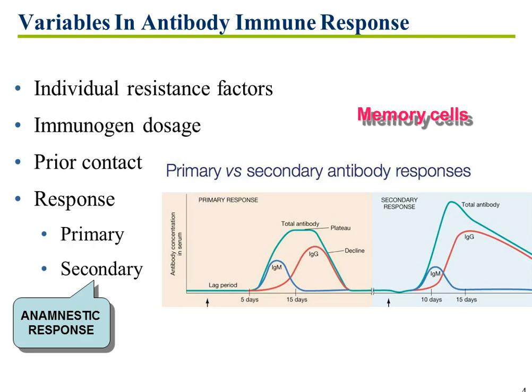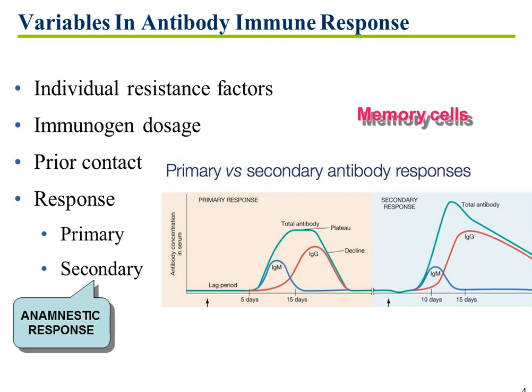Or if you have had exposure to the antigen before. Maybe you've been vaccinated a couple of times with hepatitis B vaccine. You know, there are 3 doses that you're supposed to get. More exposure, stronger the response. The larger the dosage, exposure, the greater the immune response.